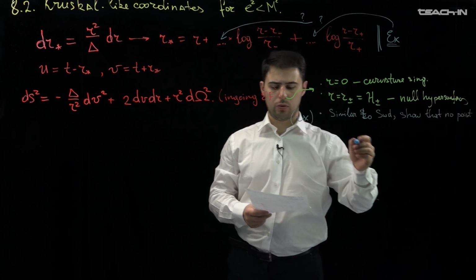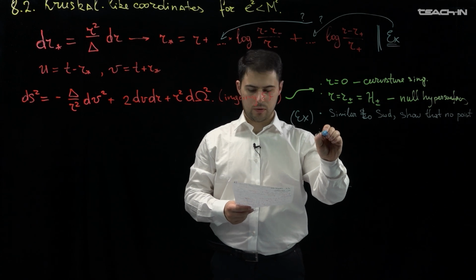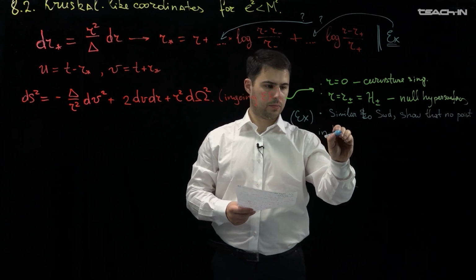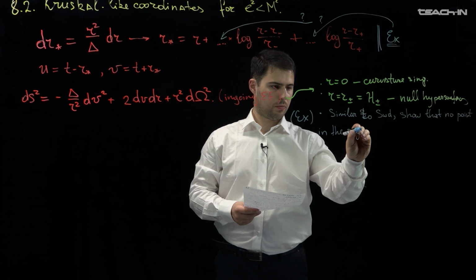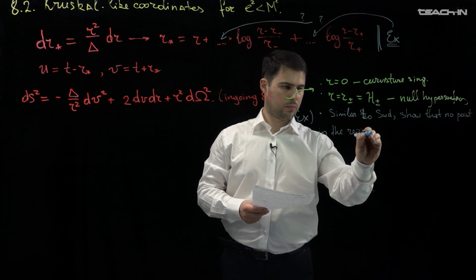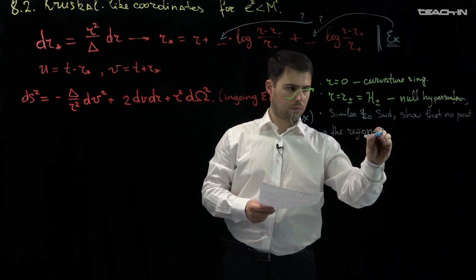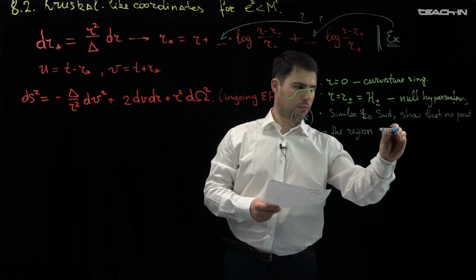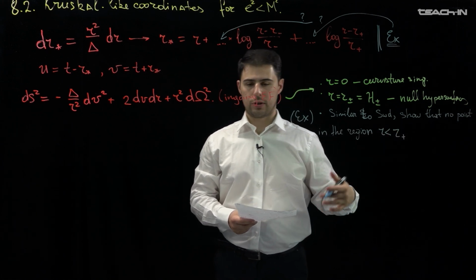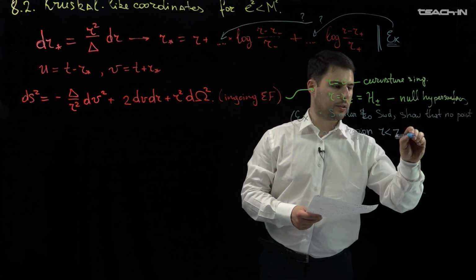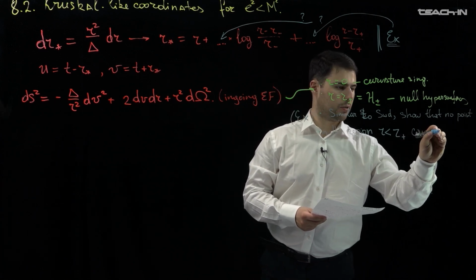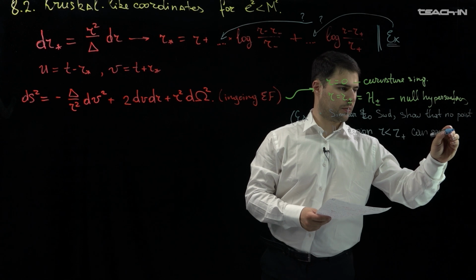So we can show that no point in the region inside the black hole can send a signal to scri plus.